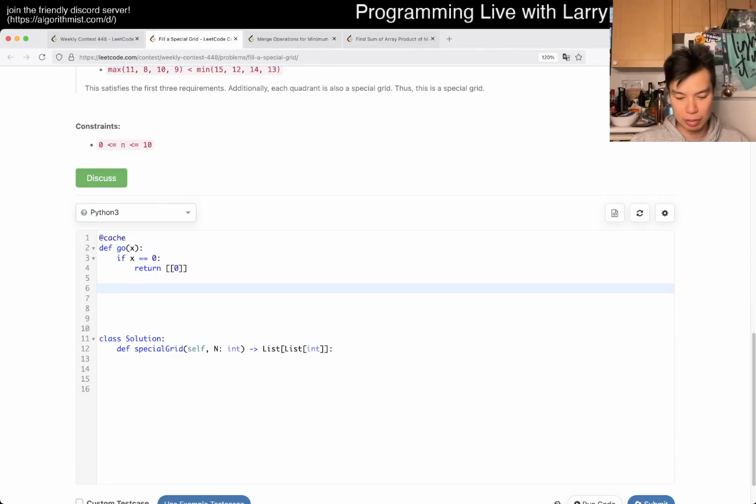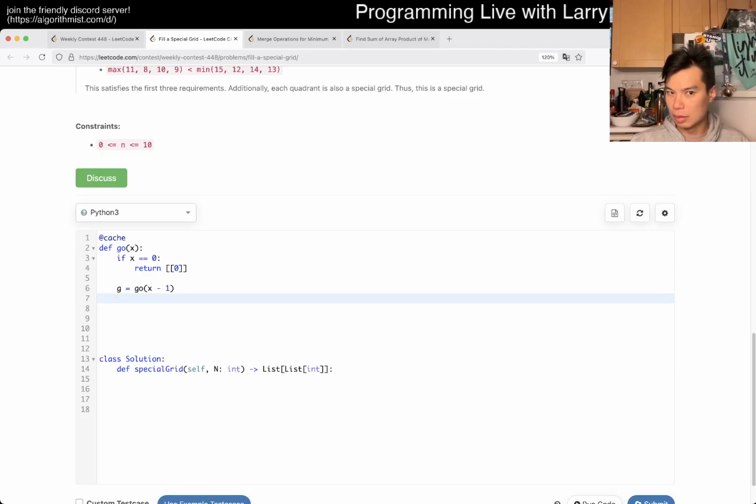Okay, and then otherwise, we do the 4 quadrants, right? So otherwise, you say g of x minus 1, g for grid.